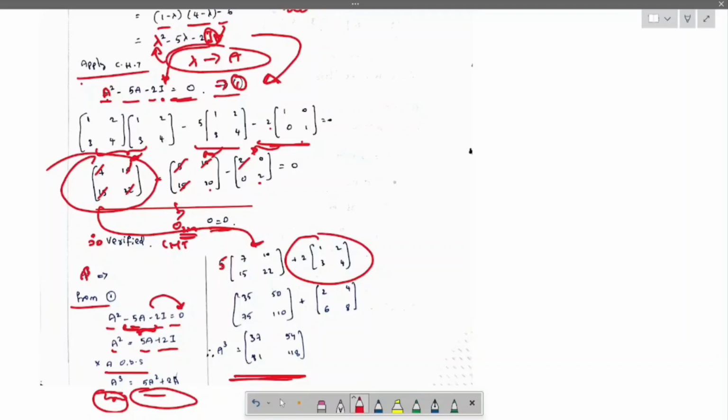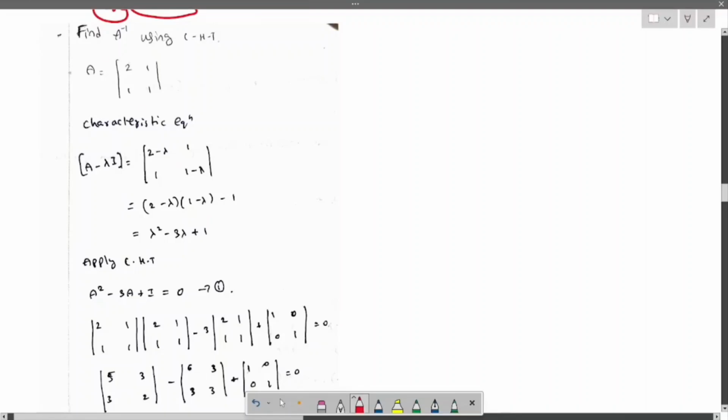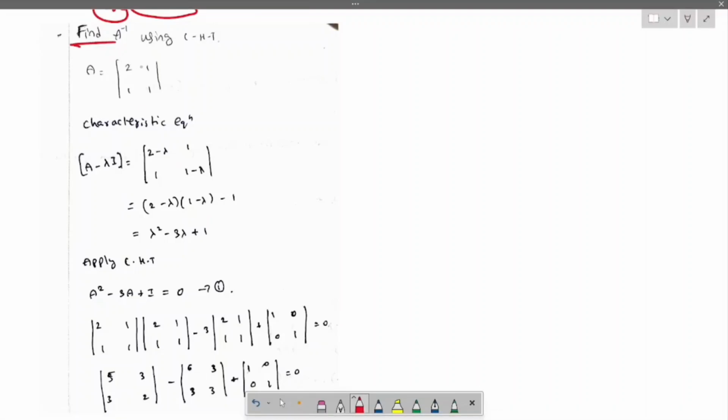Let us see one more question. In this question, we are going to find the A inverse using CHT. The given A matrix is 2, 1, 1, 1. First, let us apply the characteristic equation. It is A minus lambda I, with 2 minus lambda and 1 minus lambda. When you simplify this, you will get this.